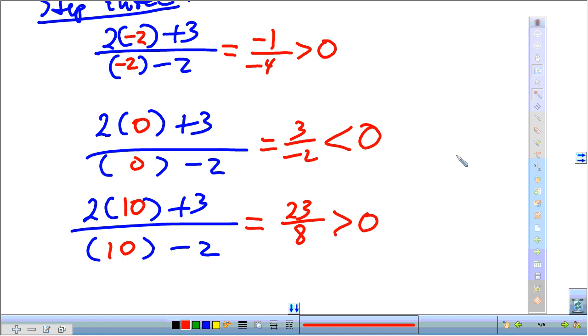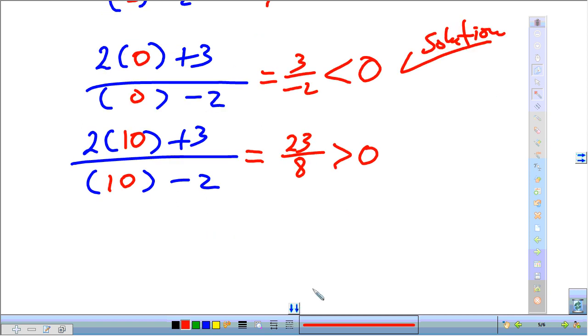So for the strict part of the inequality, we found an interval where we get solutions when it's less than 0. And only on one interval. The other two are bigger than 0.